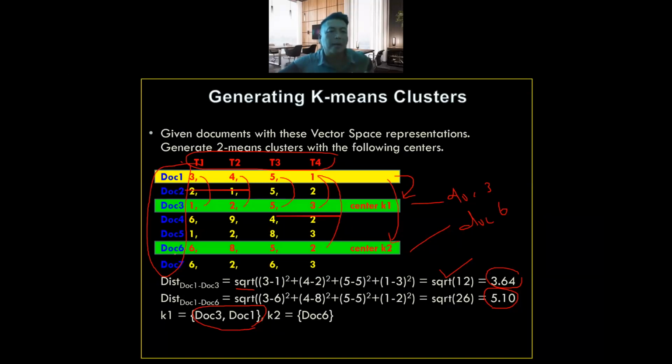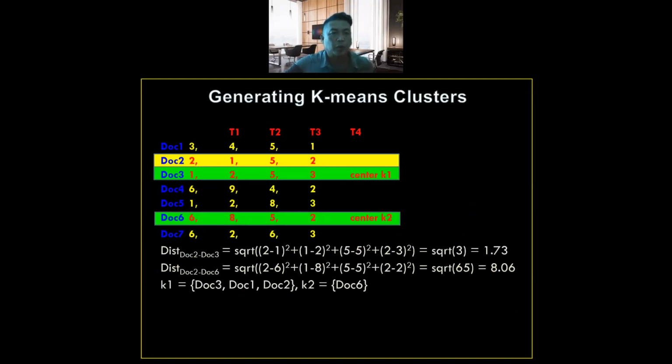Now I will repeat for document 2. I will check whether this one is nearer to cluster 1 or cluster 2. So I compute the differences again: 2 minus 1 square plus 1 minus 2 square plus 5 minus 5 square plus 2 minus 3 square, then I take the summation of all these and the square root, and I get this value.